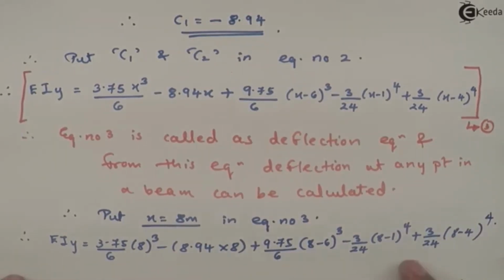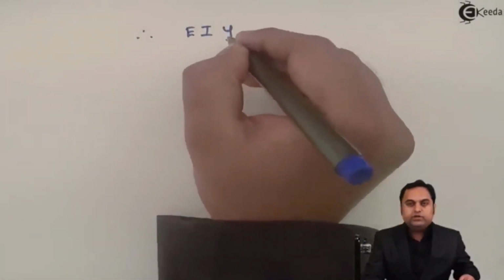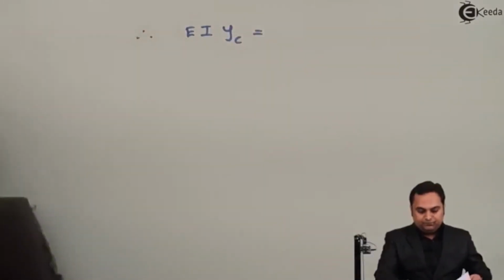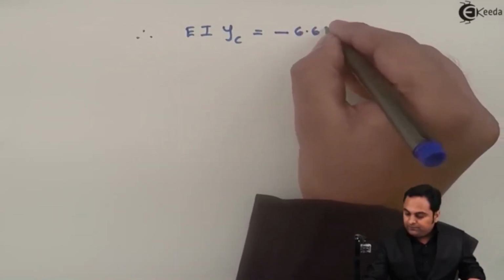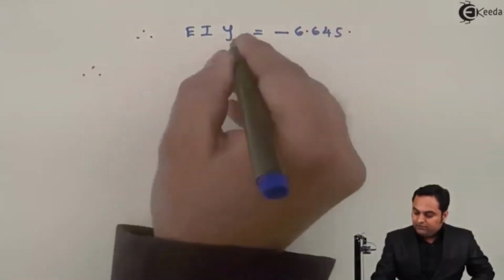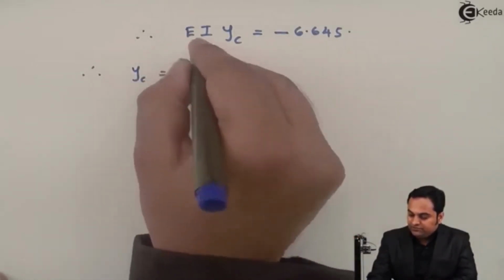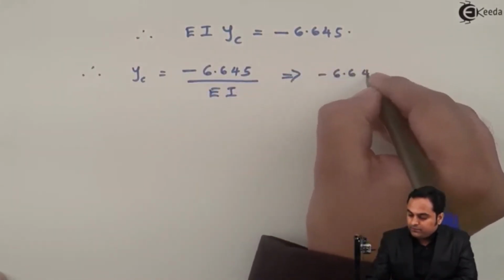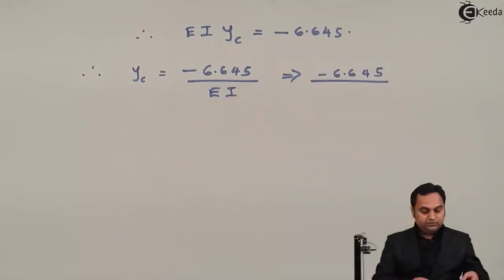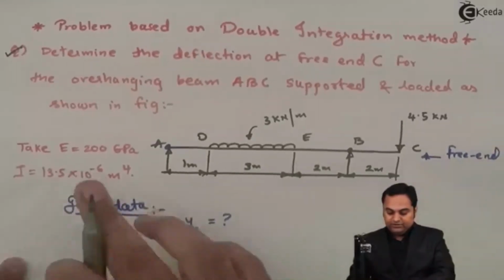On calculating this throughout, I am getting my answer of EI into y suffix C, because we are finding it at point C, minus 6.645, and here we want y suffix C. So I'll shift EI into the denominator. Now in this problem, the E value is given, that was 200 GPa.